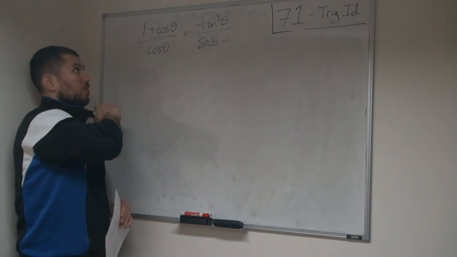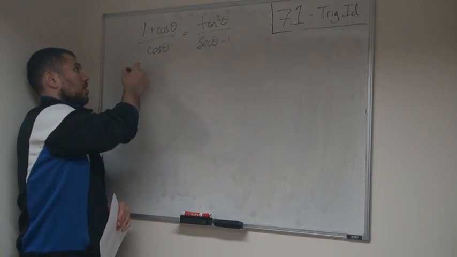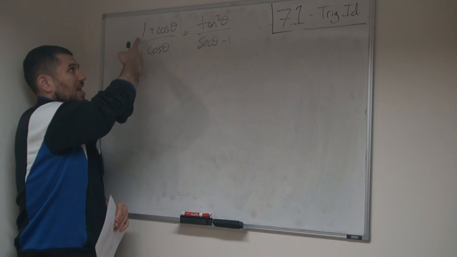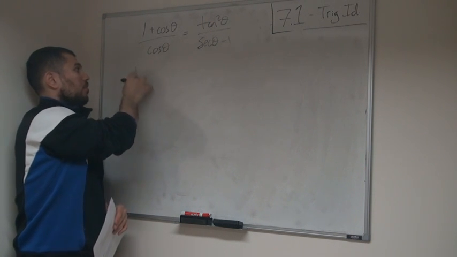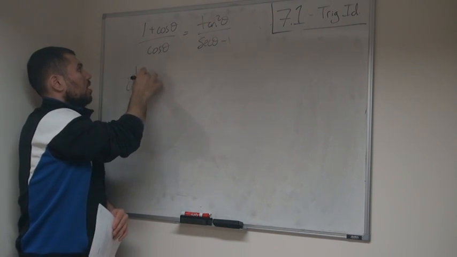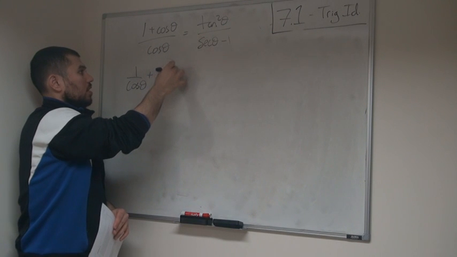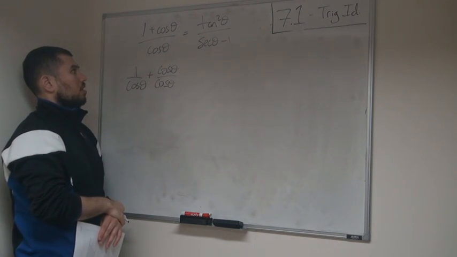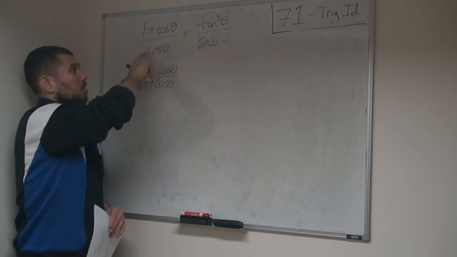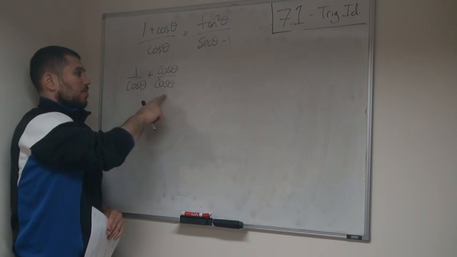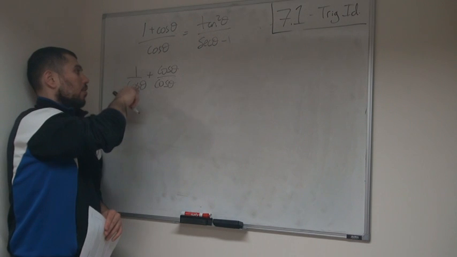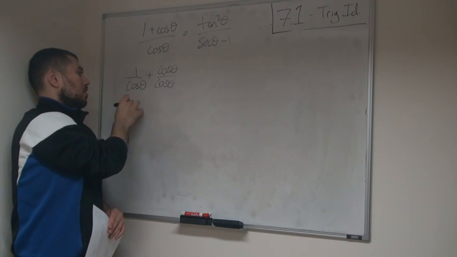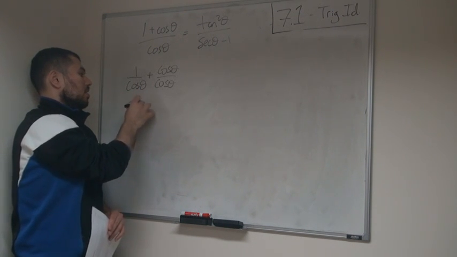1 plus cosine over cosine, I'm going to start there. Just like we did in the last problem, this came from 1 over cosine plus cosine over cosine, because in order to have two terms in the numerator, I had to have two separate fractions. Well, 1 over cosine is secant.